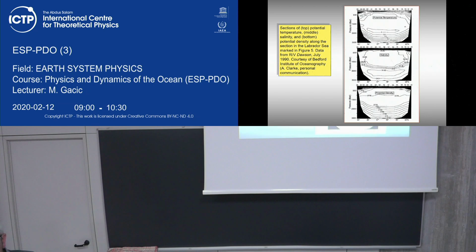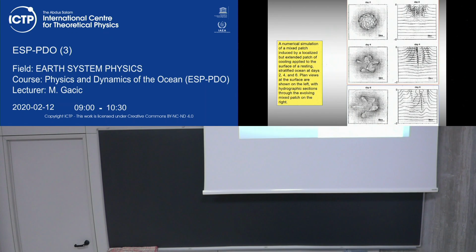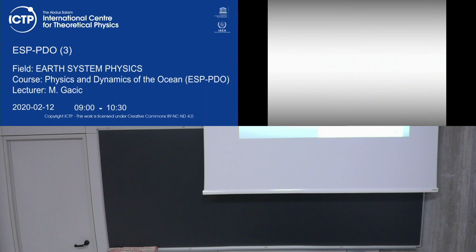For shallower depths, by vertical mixing due to the wind influence. For deeper layers, due to this dense water formation, which appears in some specific areas. Okay. This is just to show the numerical model which shows this process.